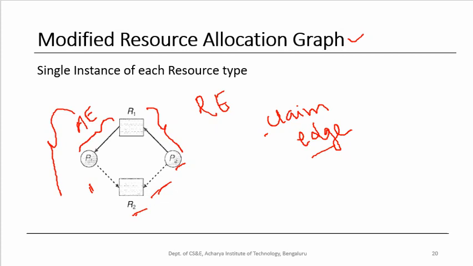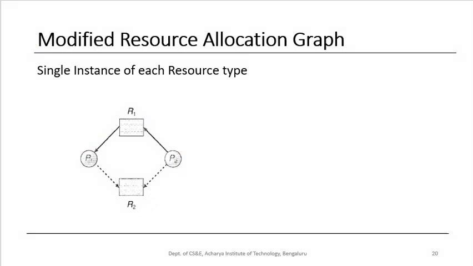That's what this edge represents. That's why I'm saying that it is a modified resource allocation graph. Now what we'll have to see is whether we can use this graph to realize a deadlock avoidance algorithm.